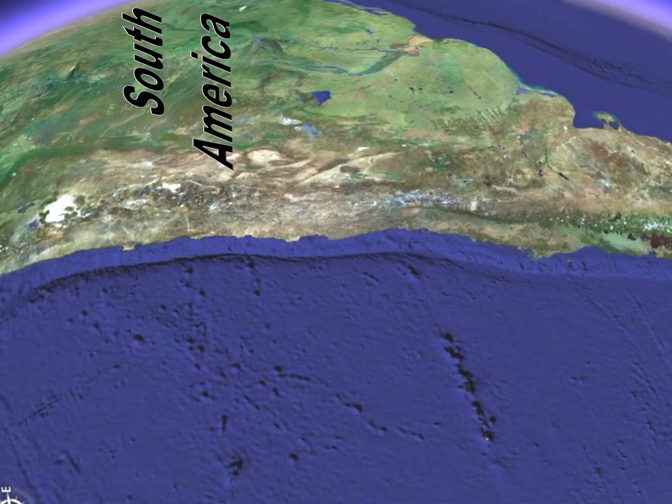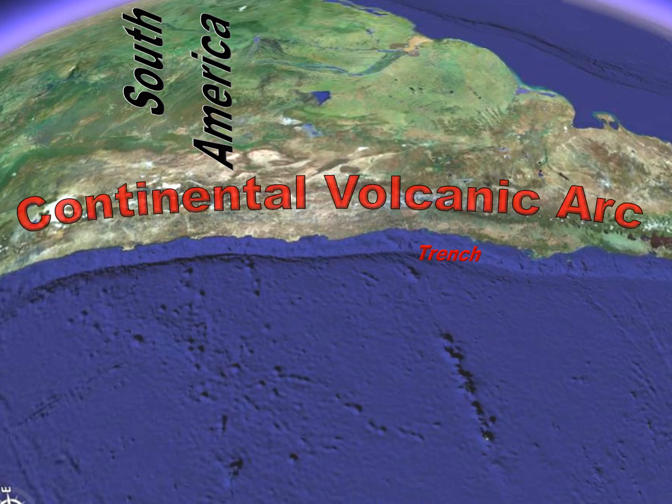An even better example is in South America. Here we have east up, sort of, and we're looking along the west coast of South America, and that's a very well-defined trench there. Very, very well-defined trench, you can see. And the continental volcanic arc that has formed are the Andes, the largest volcanoes on the Earth, or at least the highest elevation volcanoes found on the planet Earth.